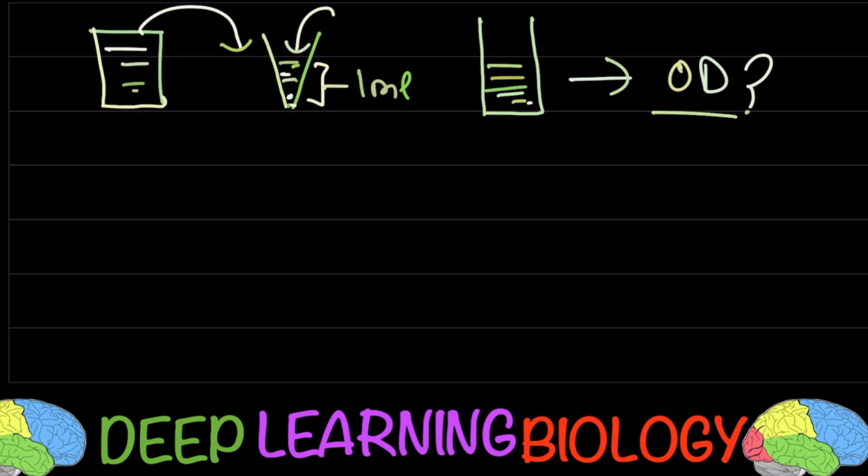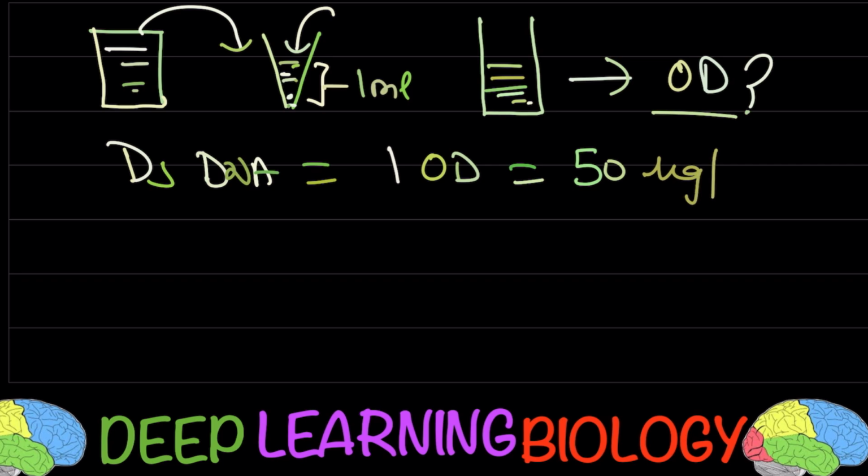Now I have told you, for double stranded DNA, 1 OD is equal to 50 microgram per ml. Let's suppose this is your sample, and here you are getting the value 1.